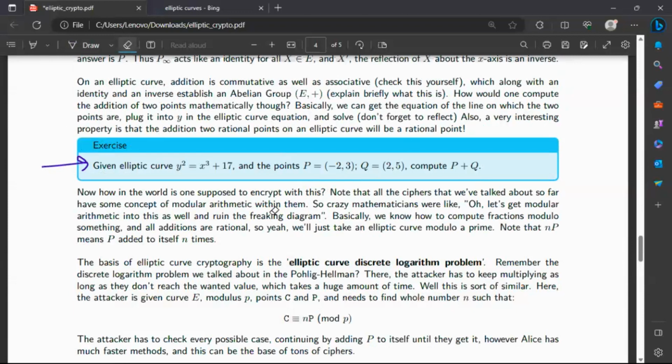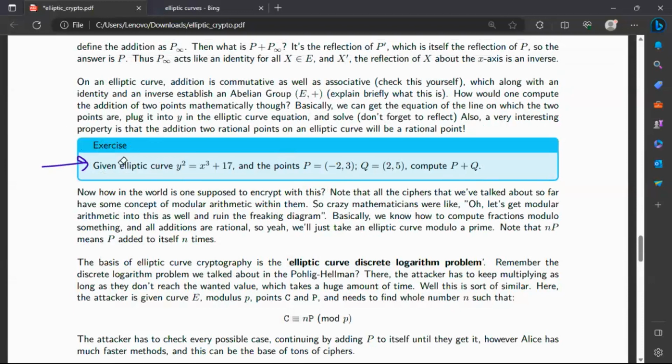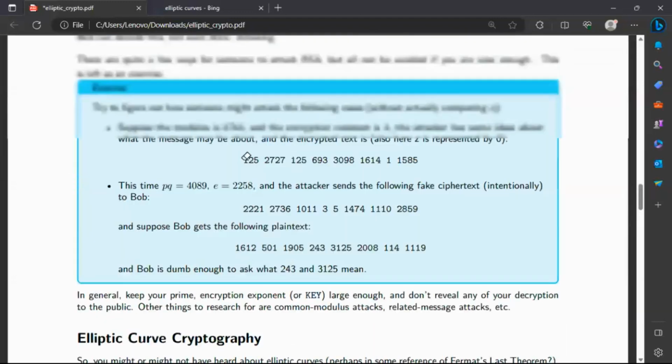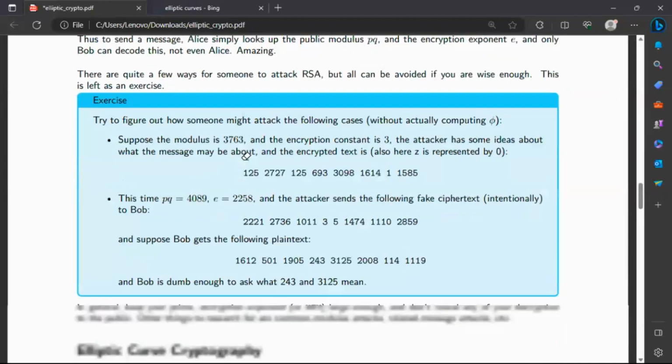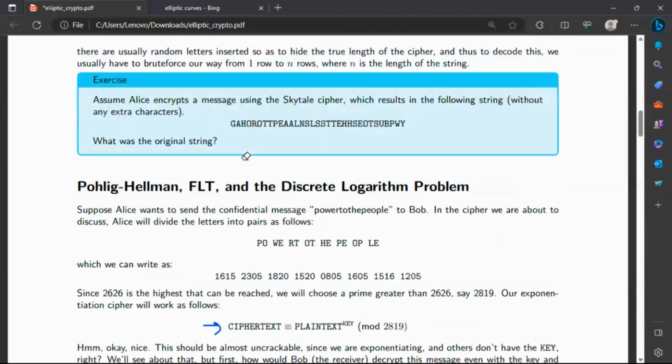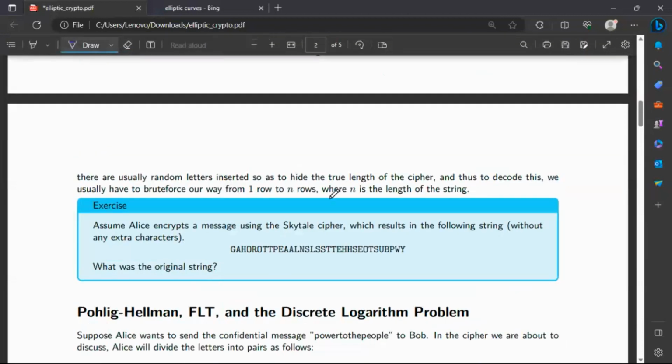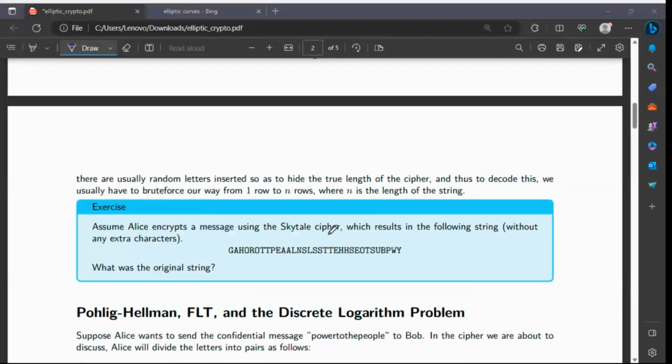Basically, we just input the equation of the line and solve the cubic. Not very interesting. So I guess what we can do is something which is actually very practical. We can do this exercise on the SkyTail cipher.